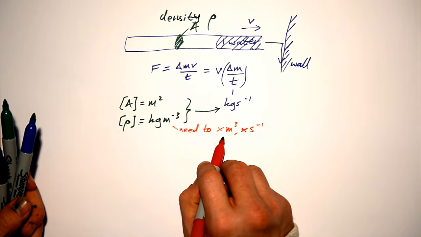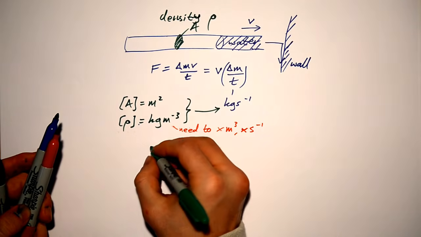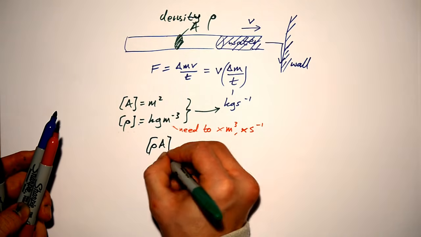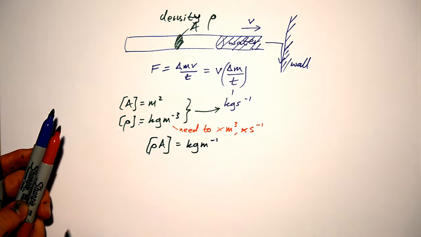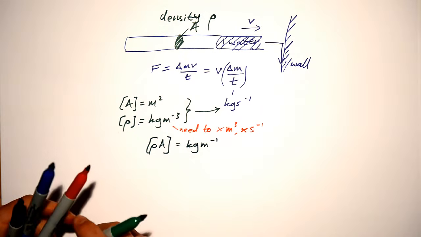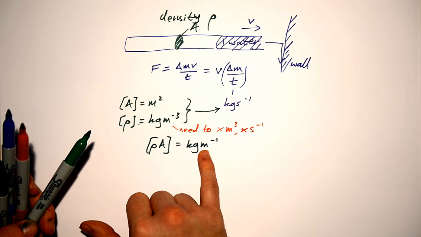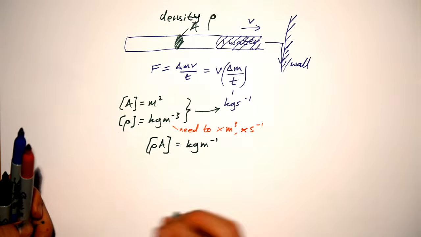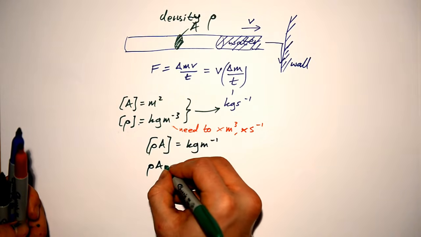So where are we going to get our meters cubed from? Well look, we have meters squared up here. So let's do A times rho, or rho times A. That gives us kilograms per meter. That doesn't really tell us much at the minute. We need something else. We need to get rid of this meters to the minus 1, and we need to add our seconds to the minus 1 in there as well. What do we do? We times by the velocity.